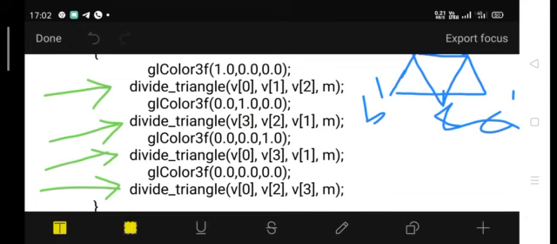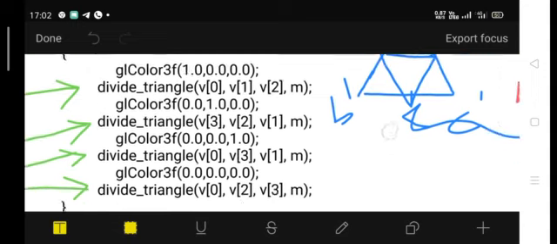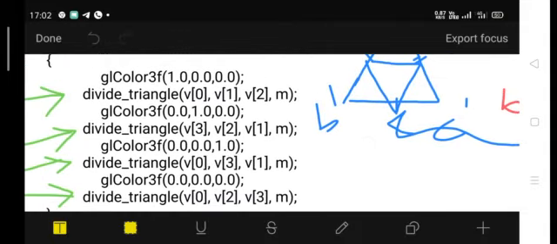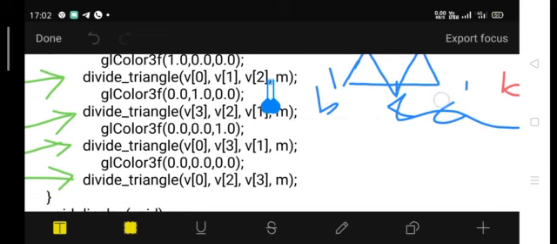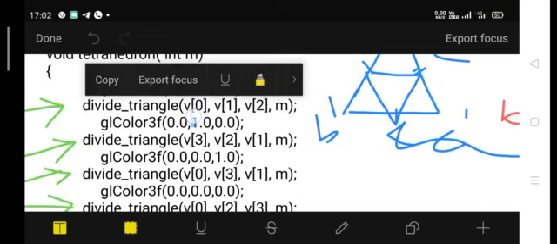While passing the parameters, you need to be very careful, guys. You should not change the order of the parameters. We have 4 points, v0, v1, v2 and v3. How you define the triangle is what you should be very careful about.